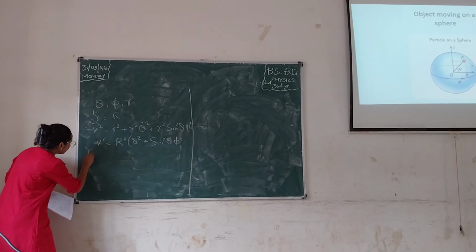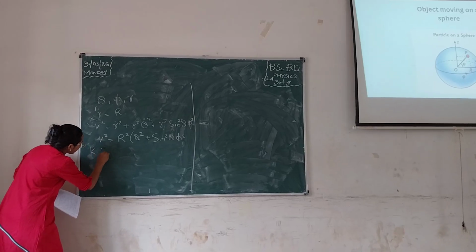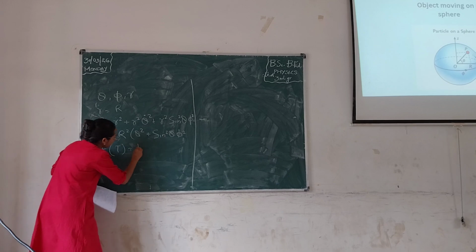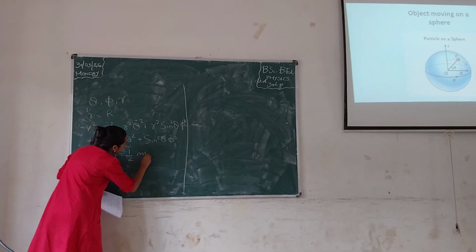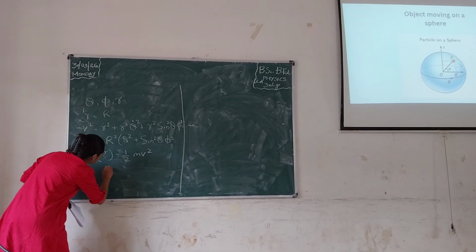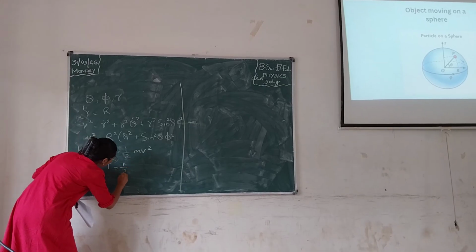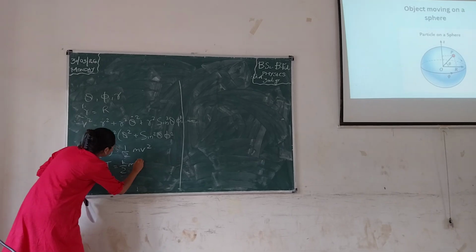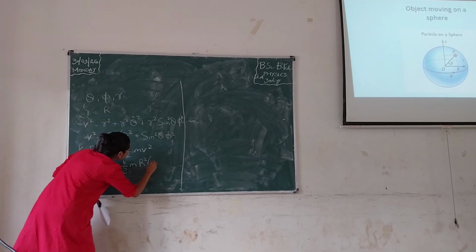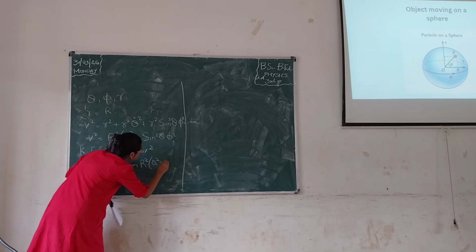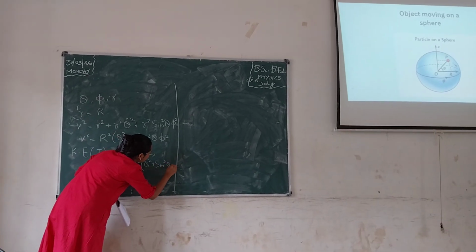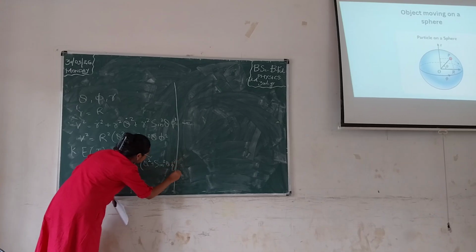So for the kinetic energy, T is equal to half m v square. So T is equal to half m r square into theta dot square plus sin square theta phi dot square.